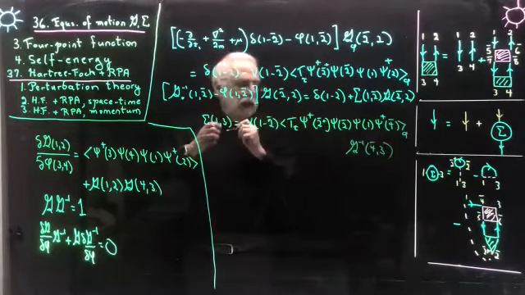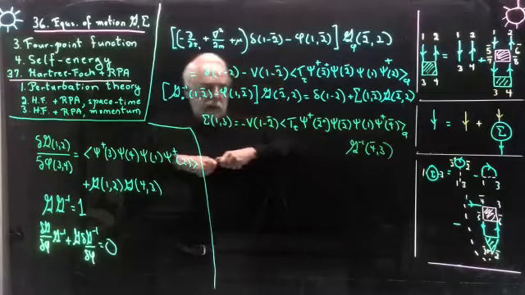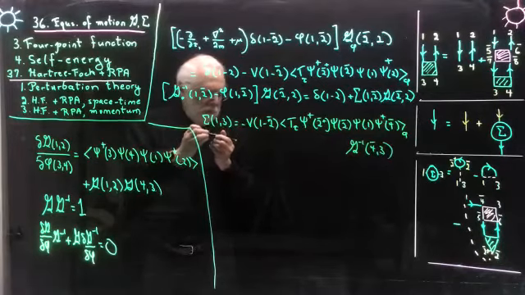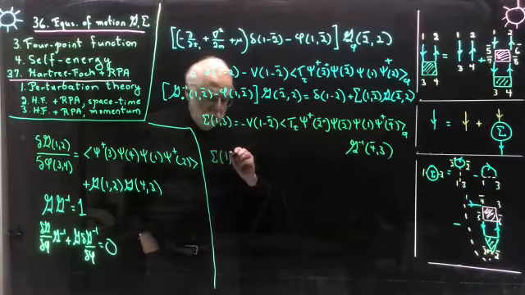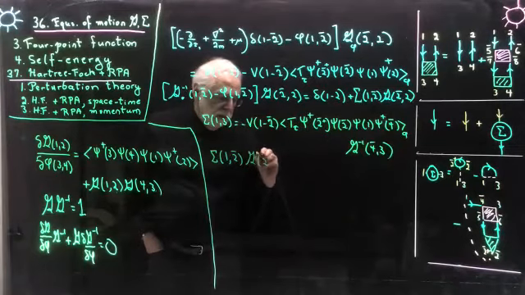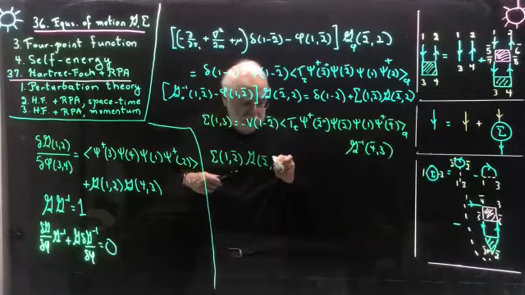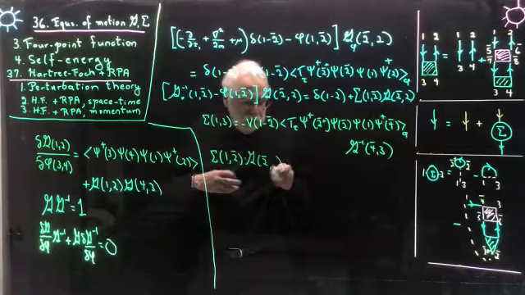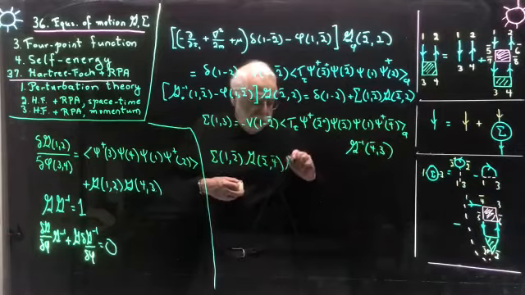So you see, I manipulated everything as if we had matrices. In other words, I started from sigma of 1, 2 bar times the G of 2 bar 2. And then I said, okay, let's multiply by G minus 1. So this will be 4 bar, so that's why it became 4 bar times the G minus 1 of 4 bar 3.